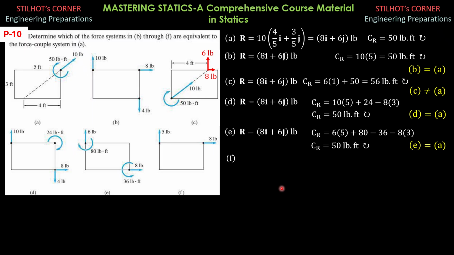But let's just continue for a moment. R is 8i plus 5j. Then for the moment about that corner there, we have C sub R, 5 times 5, 25 pound-foot. So both the resultant as well as the resultant couple are not equal to that of the force couple system at A. So that means F is not equal to A.